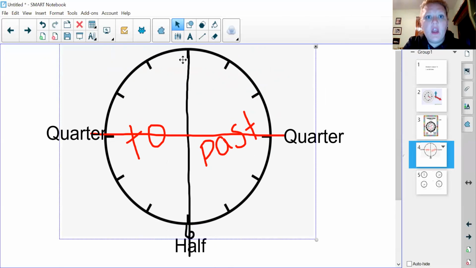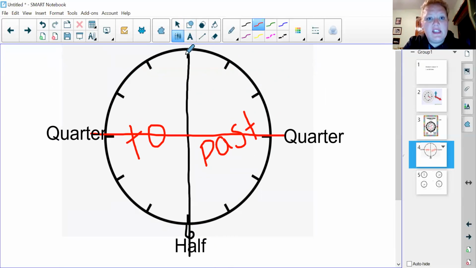So at the top, I'm going to write the number 12. Remember, that's our biggest number. And then we're going to start writing by ones.